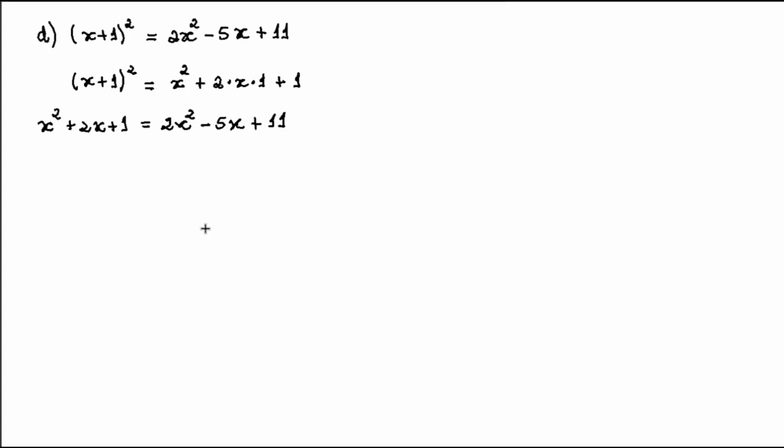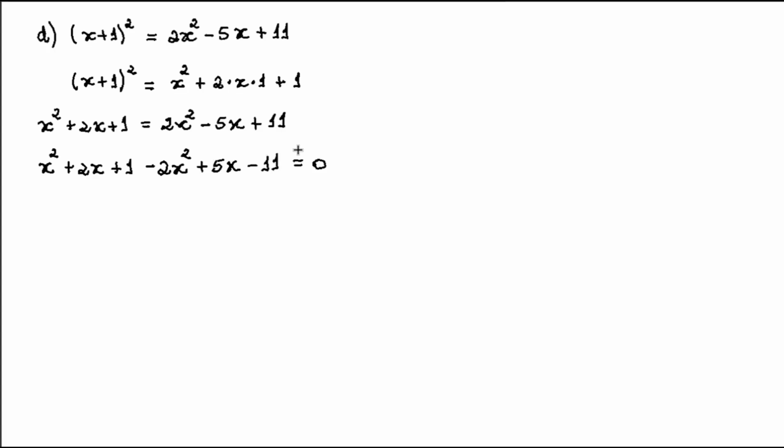Next, we need to move all terms to one side of the equation to set it to 0. Let's subtract 2x squared minus 5x plus 11 from both sides. The left-hand side becomes x squared plus 2x plus 1 minus 2x squared plus 5x minus 11, and the right-hand side becomes 0.